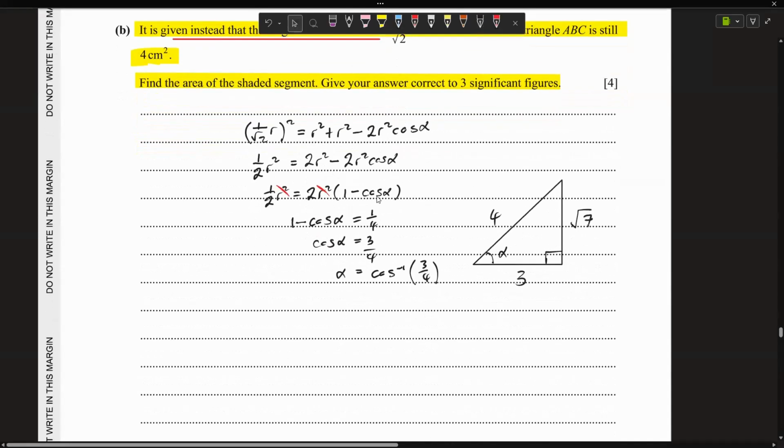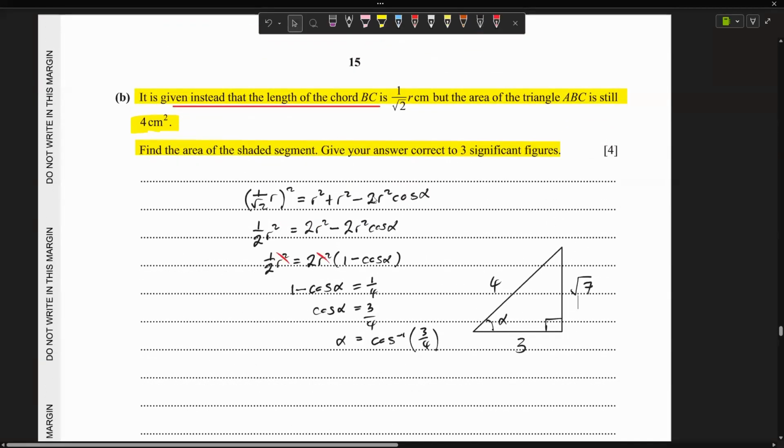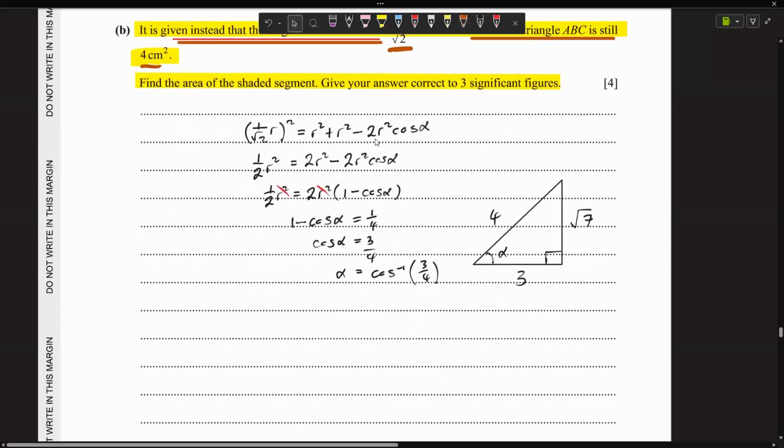And this is going to help us now when we use this fact. So we have fulfilled the fact that the length of BC is equal to this. We have made use of that. Now the area of the triangle is still 4. The area of the triangle, we said, is half AB, which is RR, half AB sine theta, which is sine alpha, and they say it's still 4.